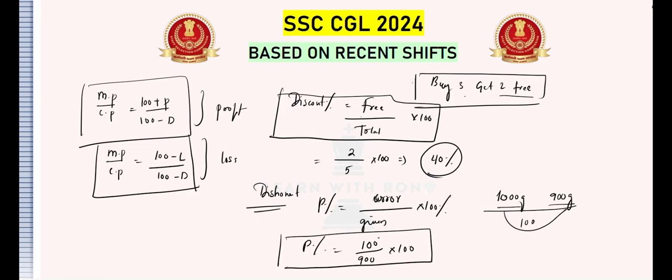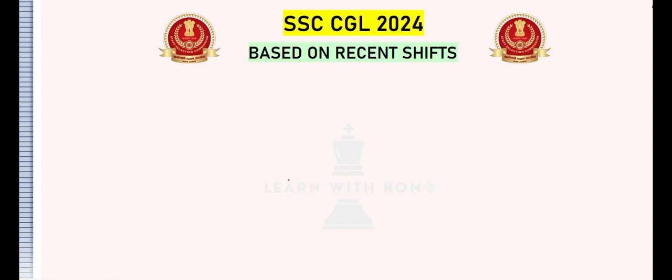Okay, and next you need to know time and work. Everybody knows this basic formula, work equals time multiplied by efficiency, right? Most of the problems you will solve by this formula. But for example, let's say we have two people P and Q, and their time is given: P can do a work in A days, Q in B days.